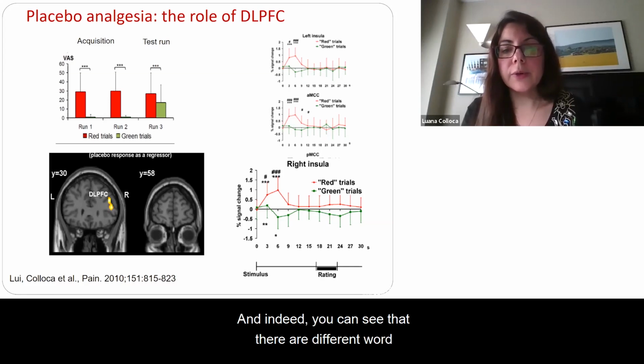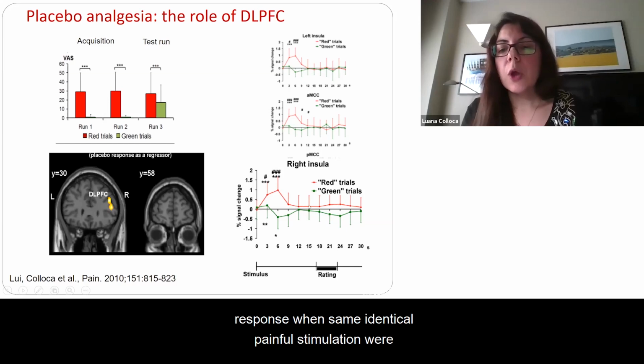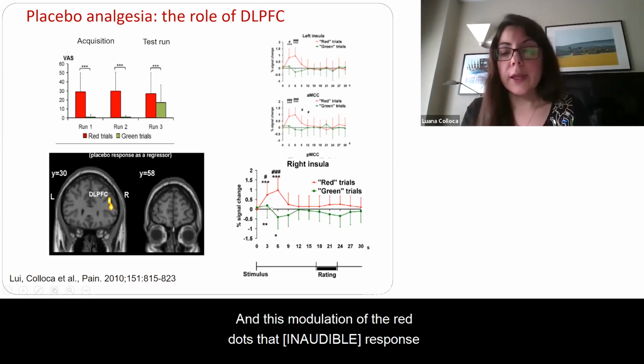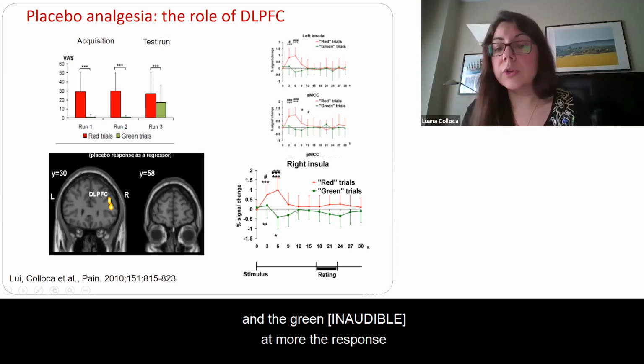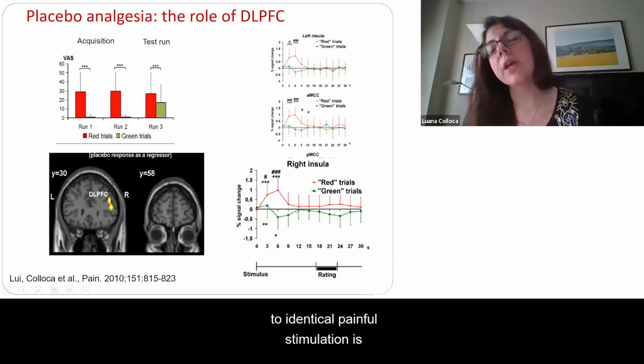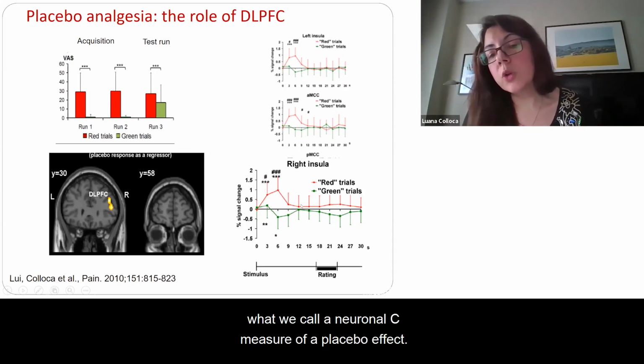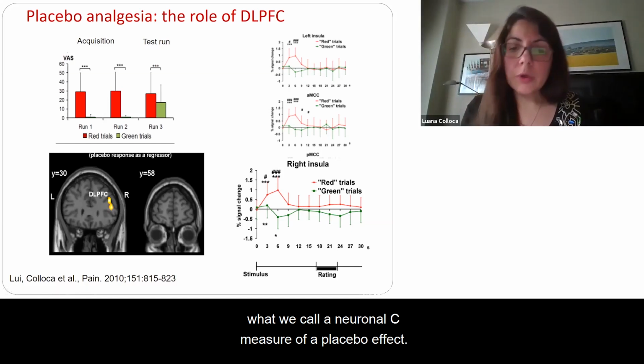And indeed, you can see that there are different BOLD responses when the same identical painful stimulation was delivered. And this modulation of the red-associated BOLD response and the green-associated BOLD response to identical painful stimulation is what we call a neuronal signature of the placebo effect.